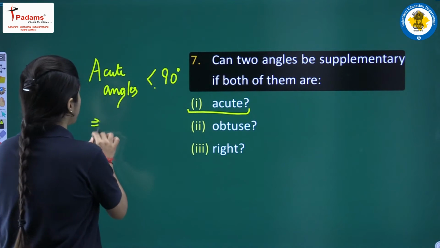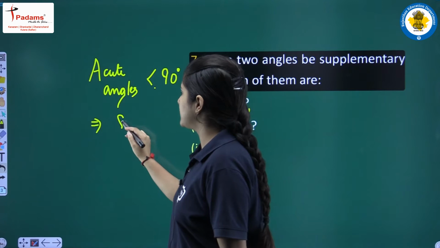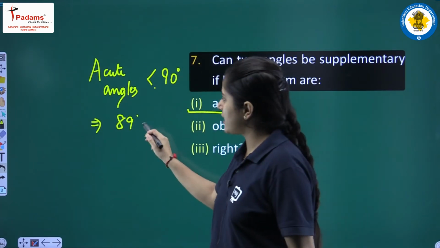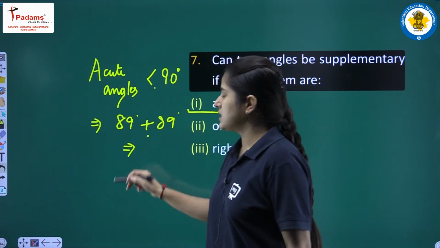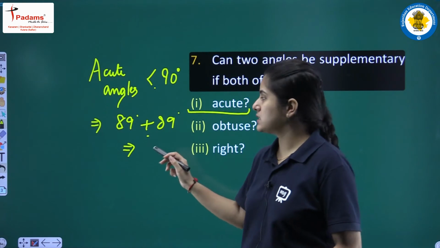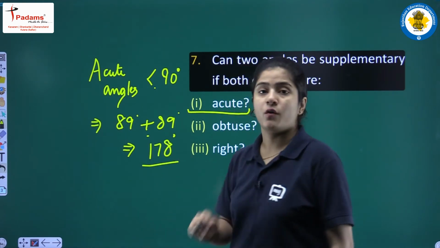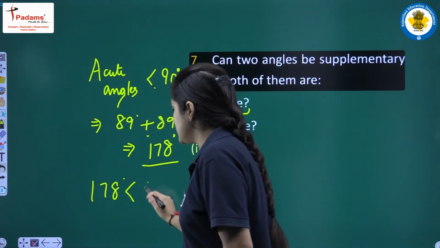So firstly, take the max acute angle, okay, it can be 89 degree. If one angle is 89 and suppose the other one is also 89, then students the sum of these two angles will be 178 degree, which is less than 180 degree, right?